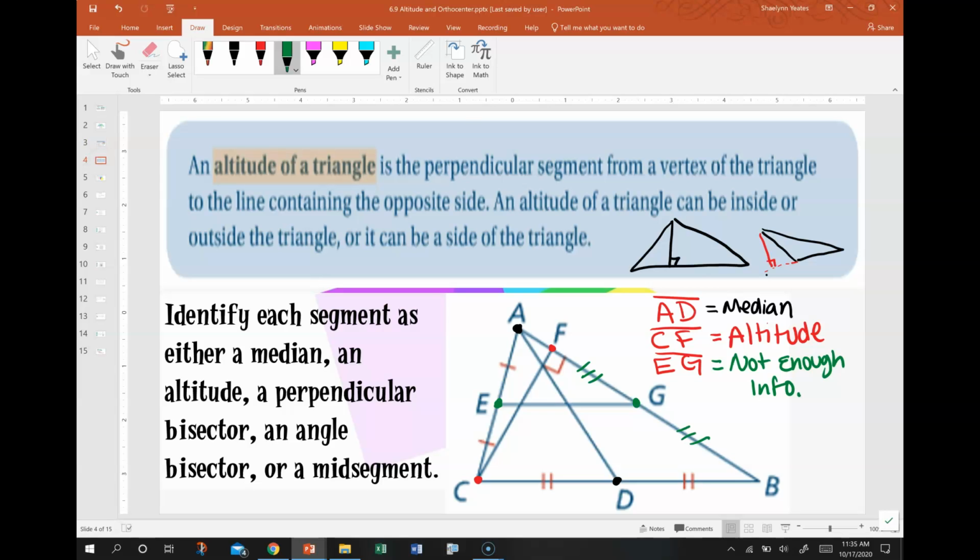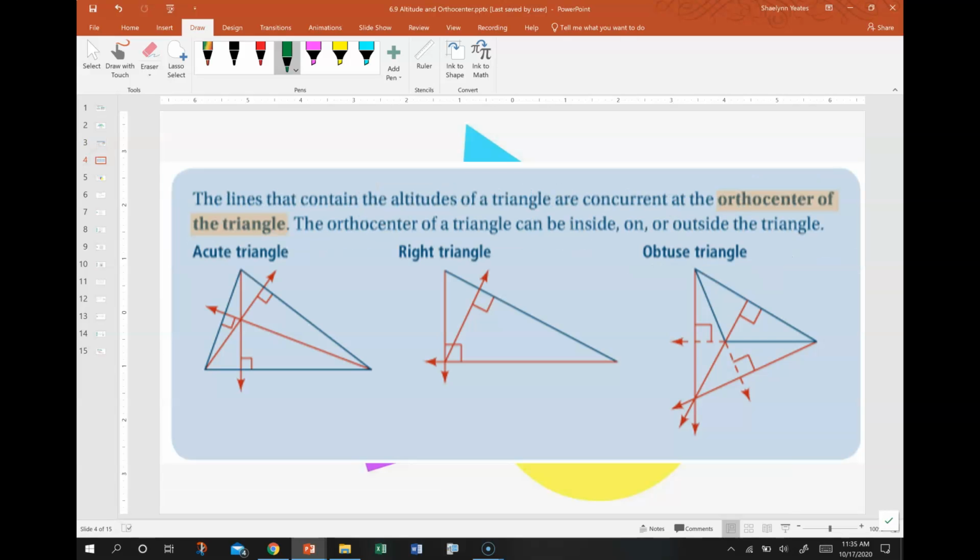All right, so that was fun. Let's now talk about the orthocenter. The orthocenter is where all of those altitudes meet. If you draw the height of all the angles of the triangle, they will either meet inside, on, or outside the triangle. On right triangles, they meet on the right angle. If you remember, the circumcenter met on the hypotenuse of the triangle.